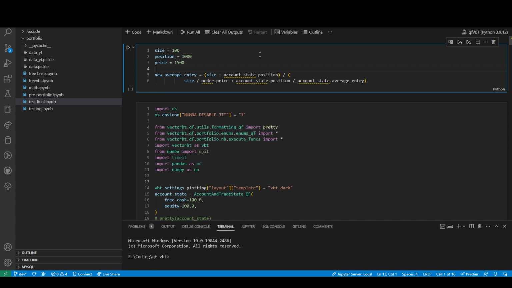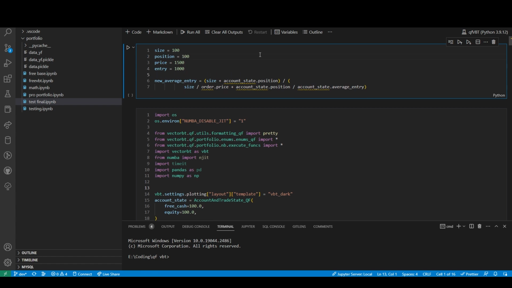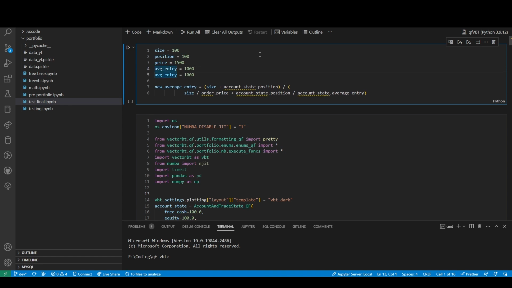And our average entry is gonna be 1000. Our position is gonna just be 400. Well, let's just do 100. And our entry, and then our new average entry. Okay.